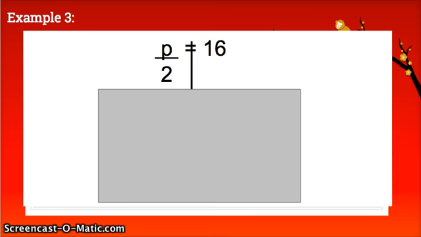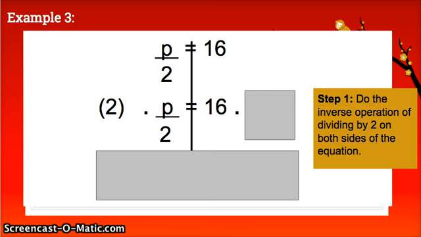All right, let's look at a division example. As you can see here, I have p over 2, and if you recall from our previous examples, if it's written as a fraction, this means division. So since I'm dividing by 2, I have to undo division by doing the inverse operation. The inverse of division is multiplying, so I will multiply that side by 2.